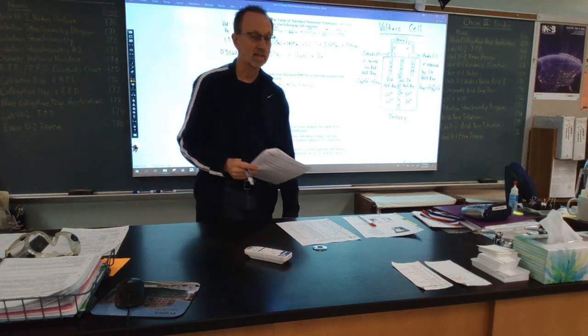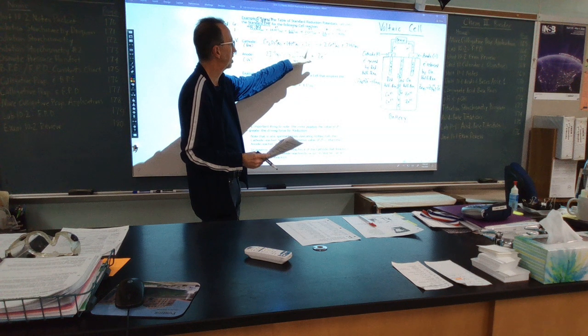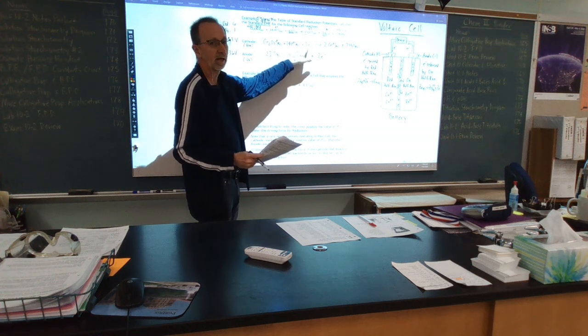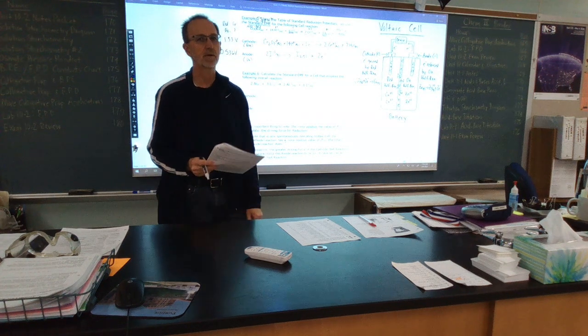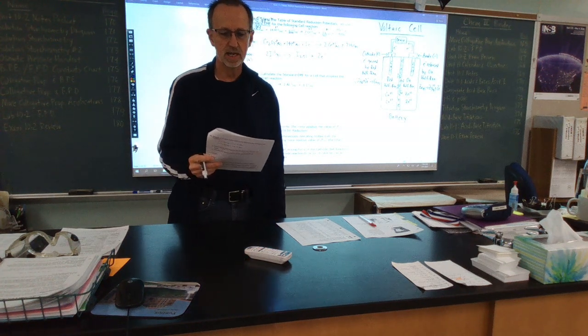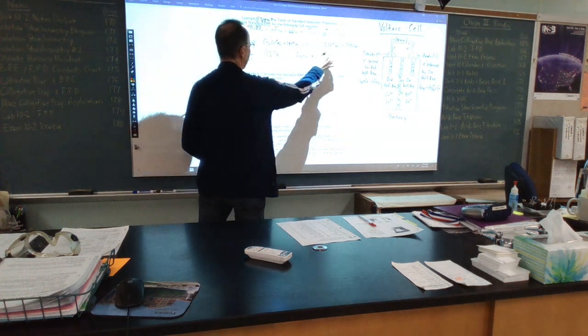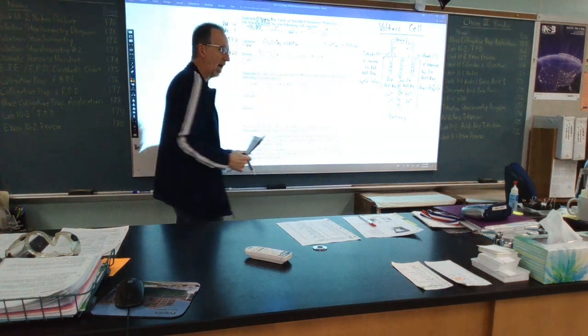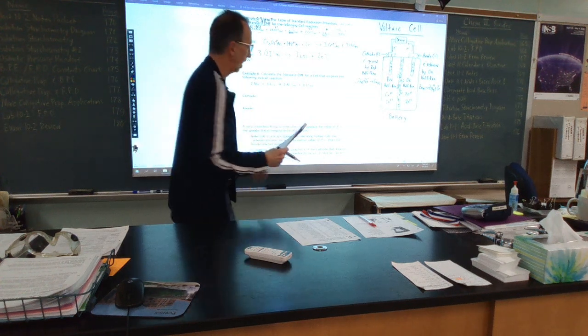Now, next, notice here that 6 electrons are gained in our reduction half reaction, which means 6 electrons have to be released in our oxidation half reaction. So what we're going to have to do is multiply this anode half reaction, our oxidation half reaction, by 3.